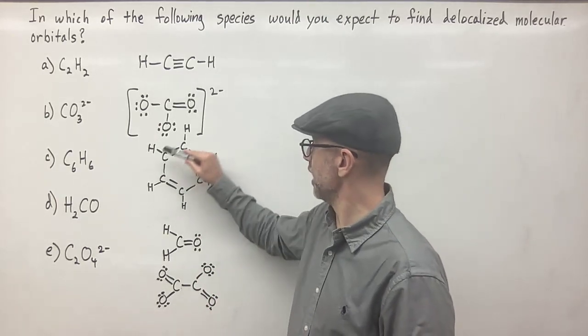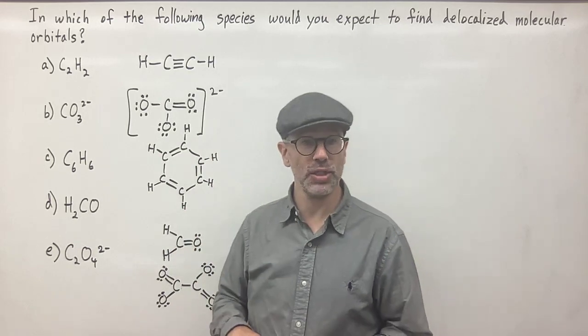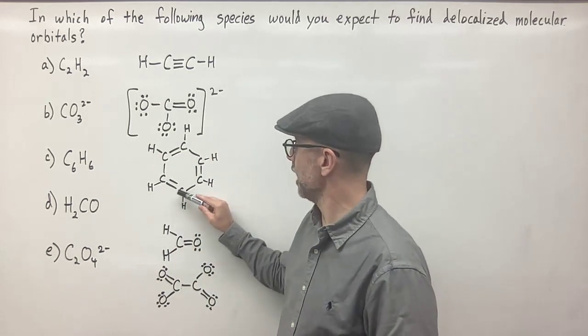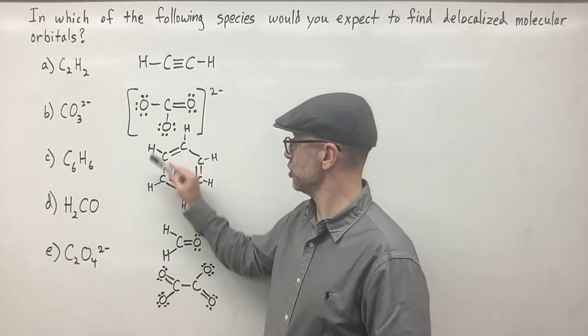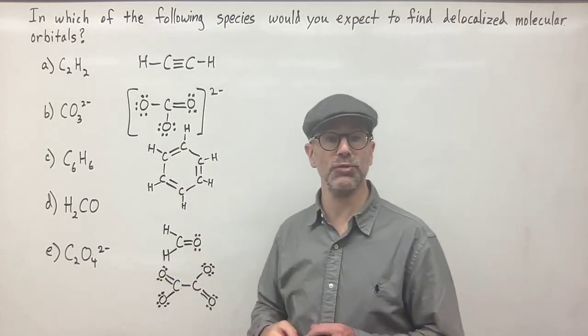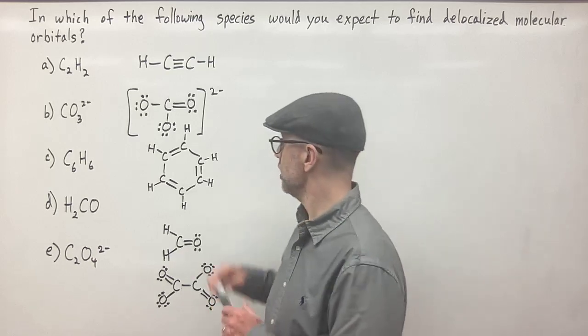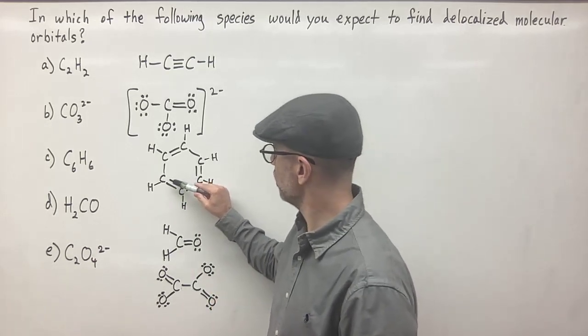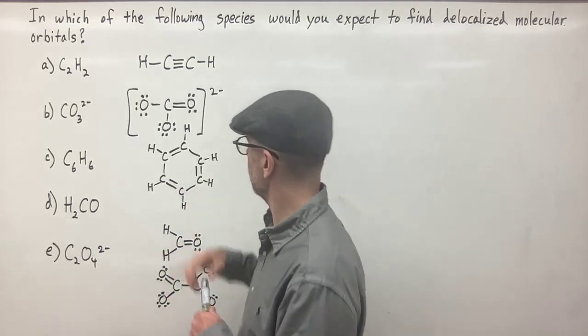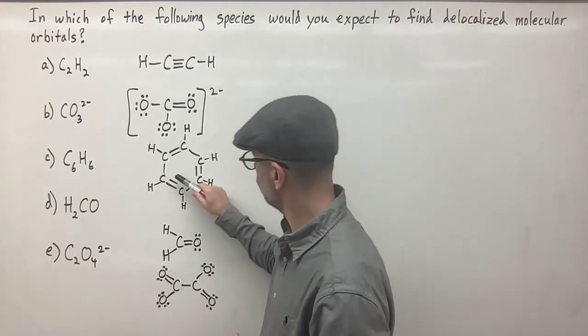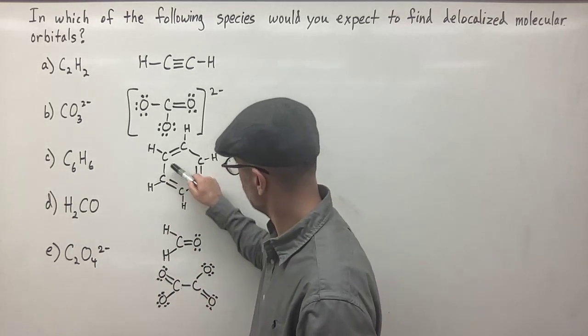So that means that you're going to have delocalization. You're going to have overlap and combination of the unhybridized p orbitals to form molecular orbitals that are going to be delocalized. So these electrons can move, and you can move the double bond from here to here.